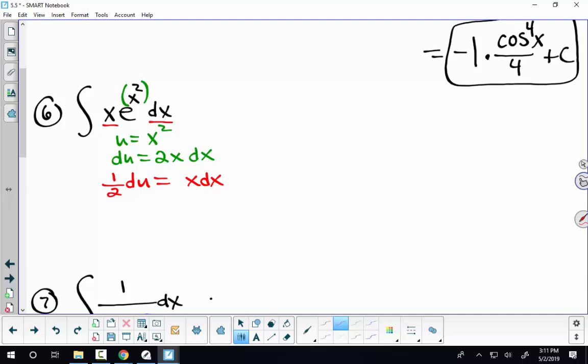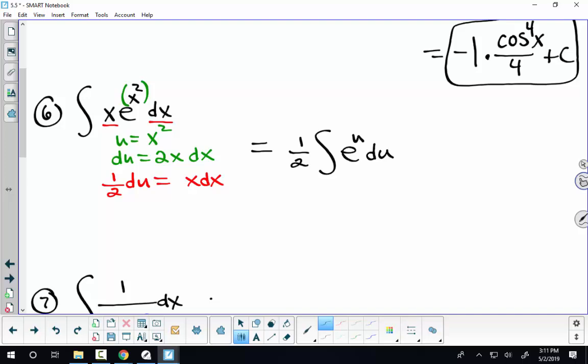Everybody all right with that? The substitution. Then what does the integral turn into in terms of u? So 1/2 integral of e to the u du. 1/2 times the integral of e to the u du.